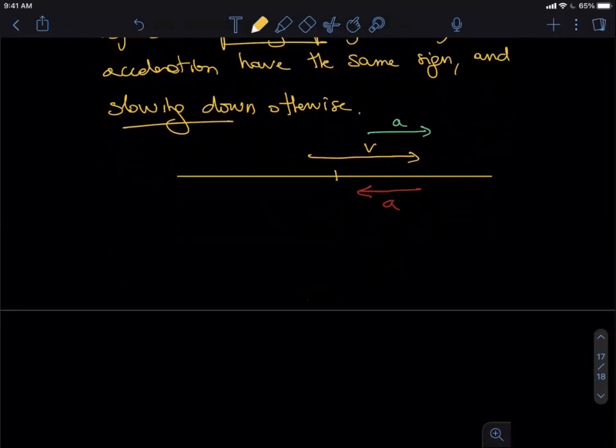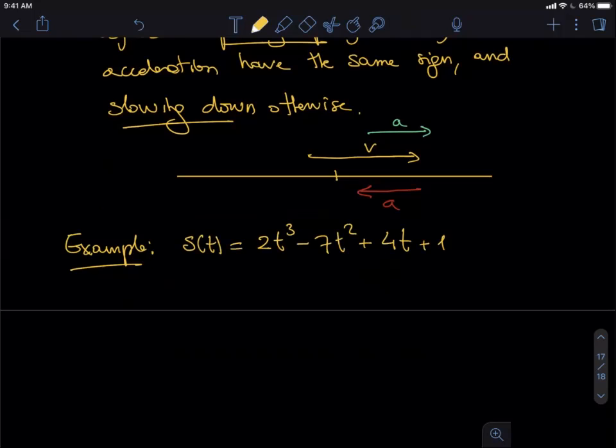Let's do one example. So let's say we are given the position at the time t by this function, 2t^3 minus 7t^2 plus 4t plus 1.